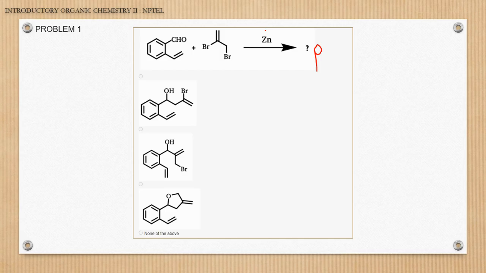So just tell me, which C-Br bond will zinc insert into? Is it this sp2 hybridized C-Br bond, or this sp3 hybridized C-Br bond? If zinc has to insert, which bond should it get inserted into?